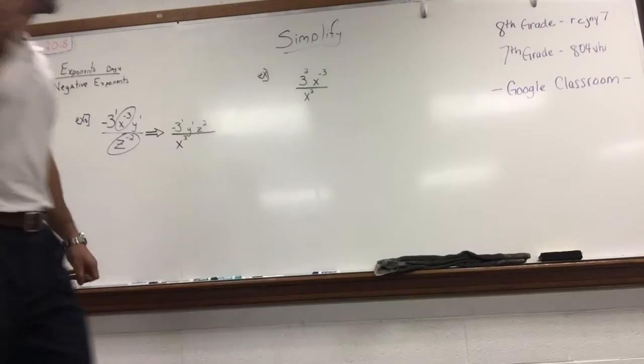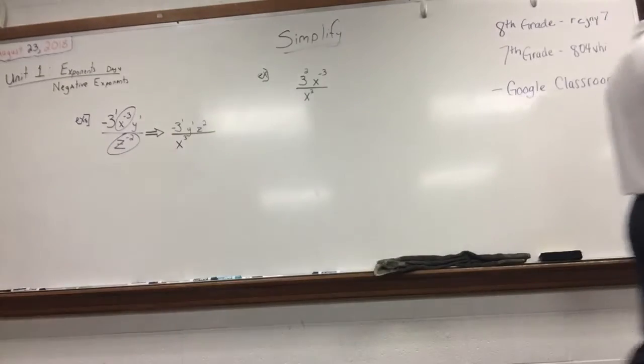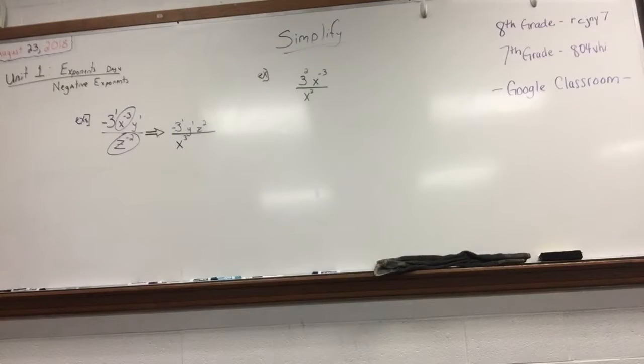Okay? Mrs. Armstrong was very nice and wrote the rules over here. Is it a fraction? Are there negative exponents? Are there positive exponents? Positive exponents stay where they're at. Negative exponents go to the reciprocal location. So if they're in the denominator, they go to the numerator. If they're in the numerator, they go to the denominator and they lose the negative. Once you've done all that, then you have to simplify like what you're going to do tomorrow on the quiz.